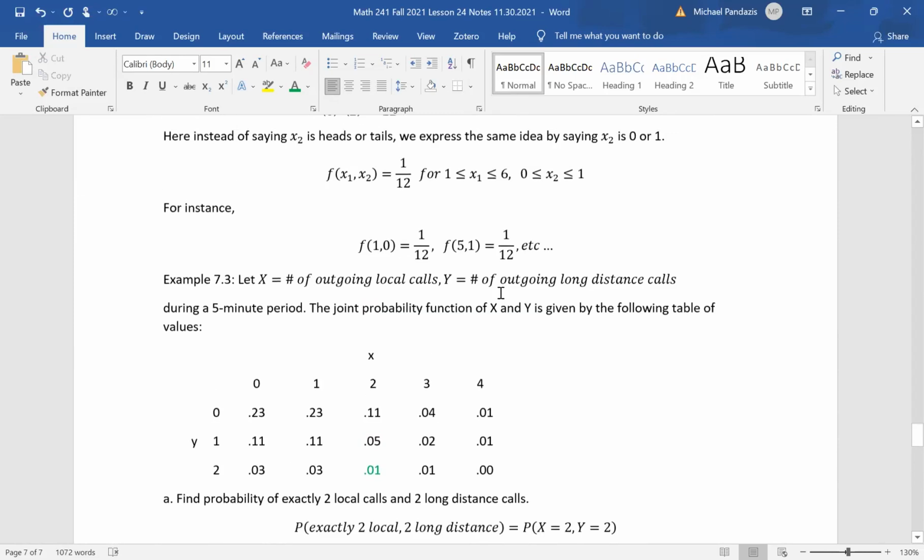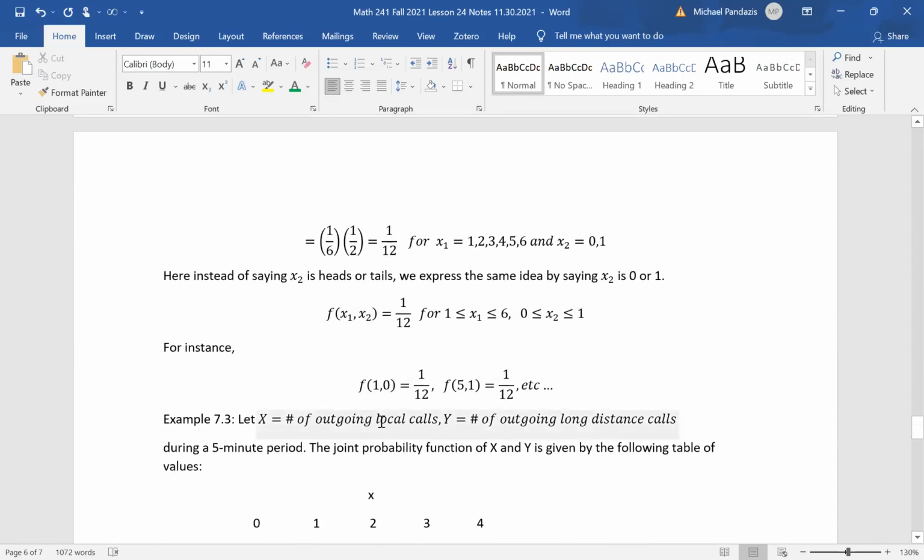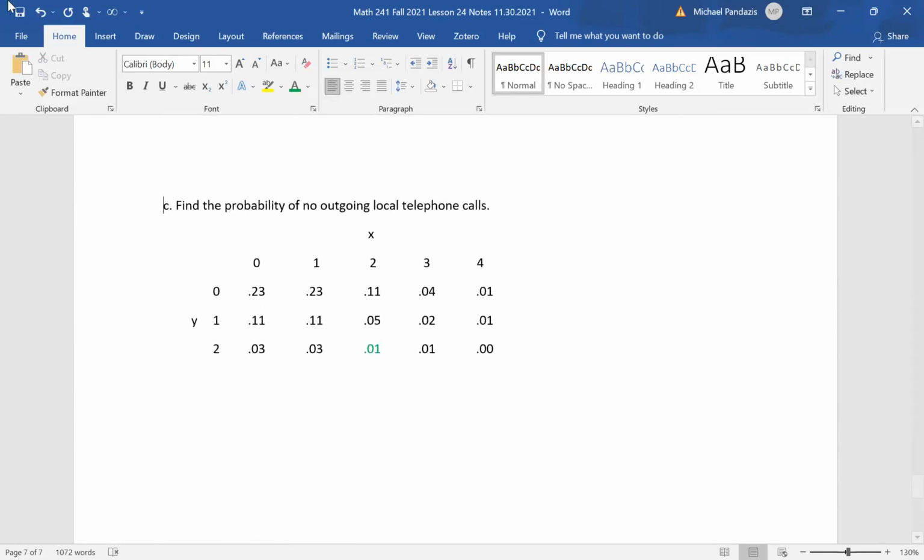Local is X. So when X is 0, that corresponds. Let me make this black again. So X is the number of local. So we want the probability that X is 0, the number of local outgoing calls during this 5-minute period is 0. So these are the 3 ways in which that could happen.